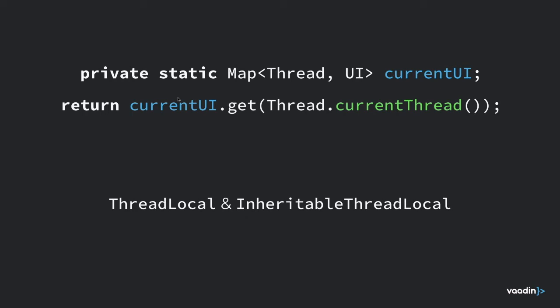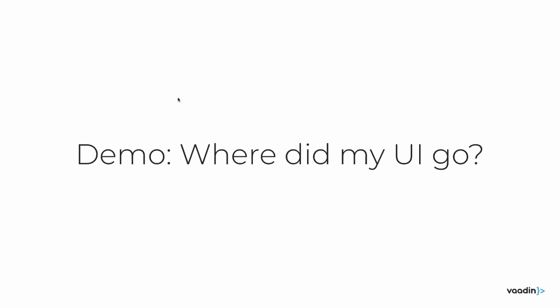So for that reason, we changed it starting from Vaadin 8. We just use regular thread locals, which also means that if you migrate from 7 to 8 with this structure, you will get null pointer exceptions, because suddenly UI.getCurrent doesn't exist anymore. But such is life, and now at least we don't leak memory anymore.